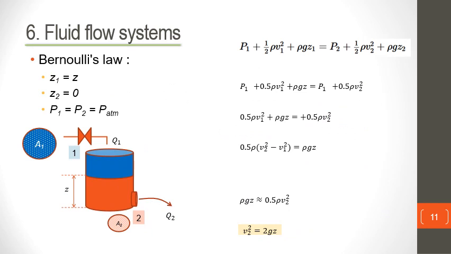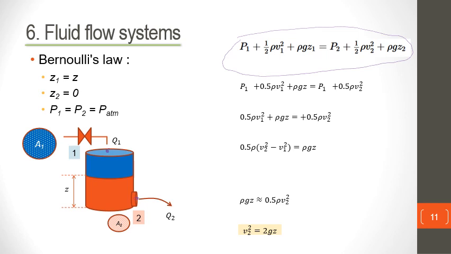Now we can apply Bernoulli's law here. Remember, Bernoulli's law looks at the energies of the fluid at 2 points. In this case, we will look at point number 1 and point number 2.